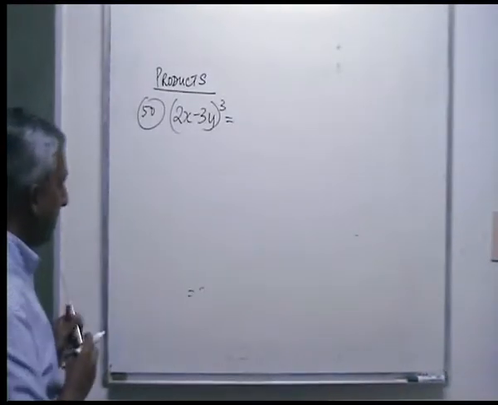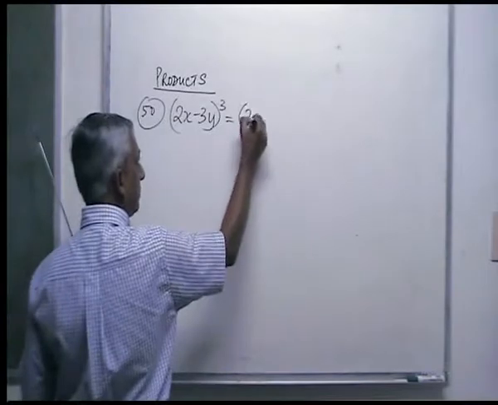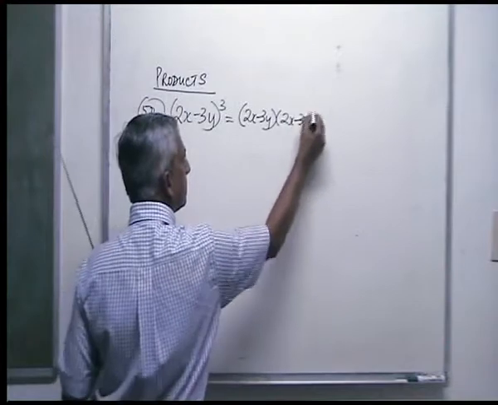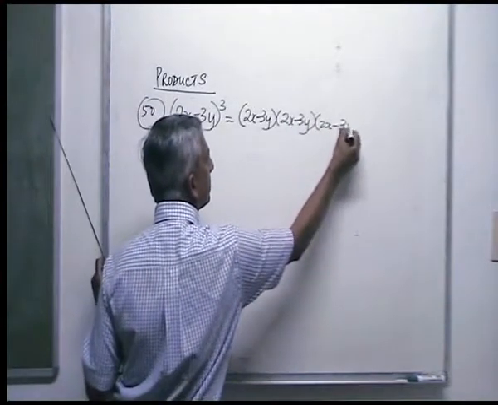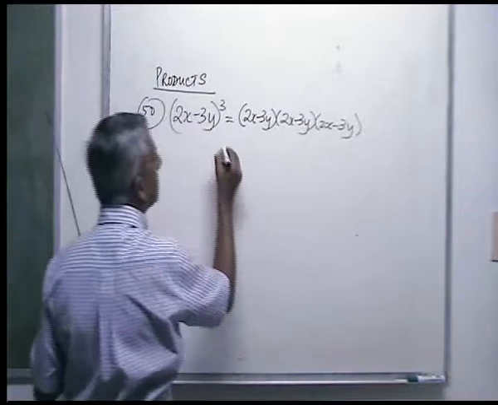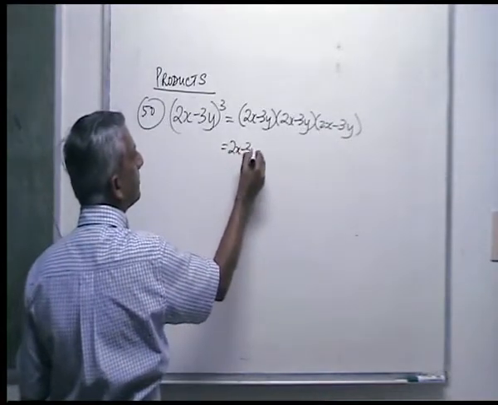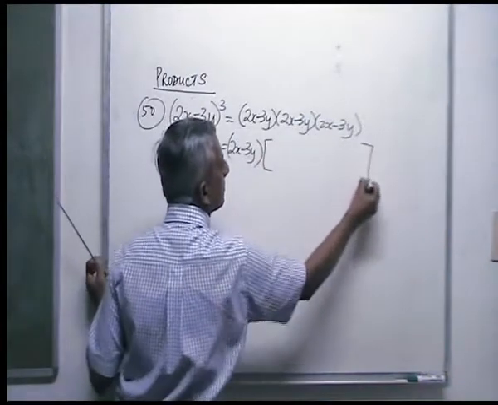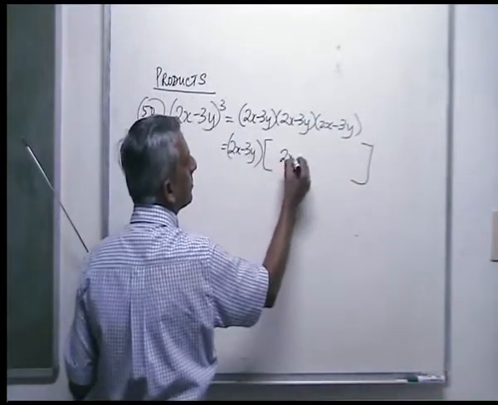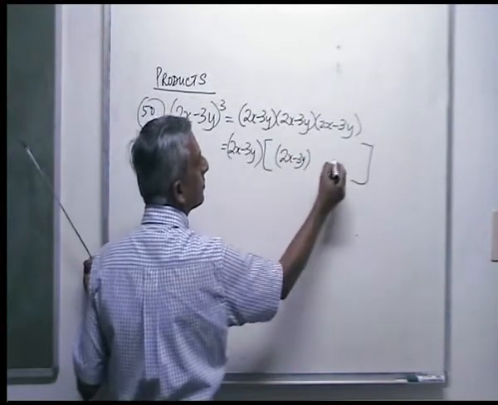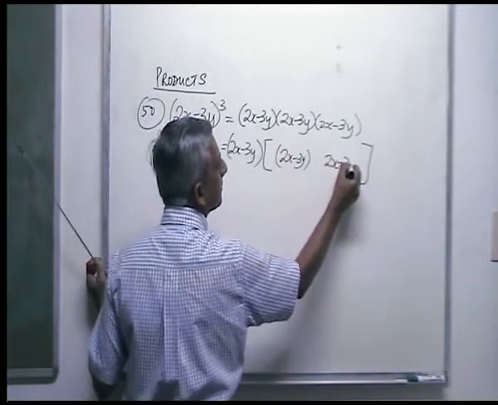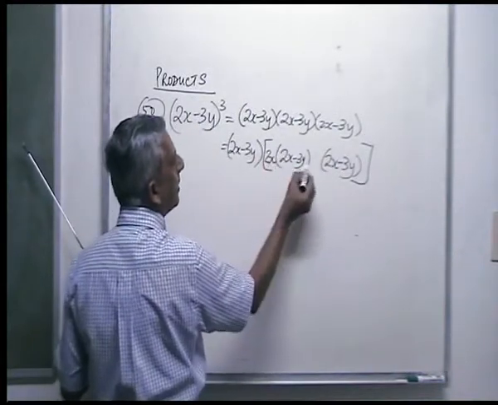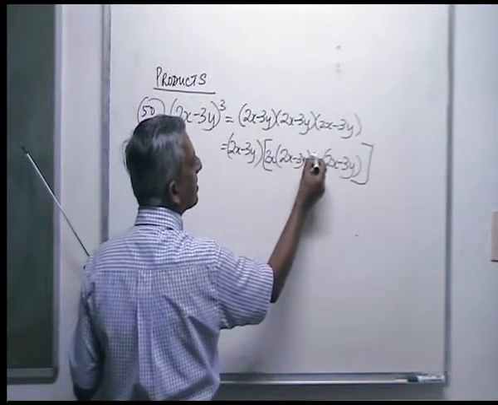Right, number 50: 2x minus 3y all cubed. Now in comes here 2x, and here we have minus 3y.